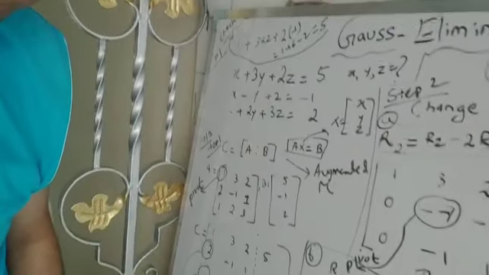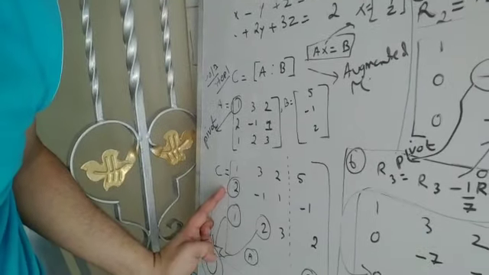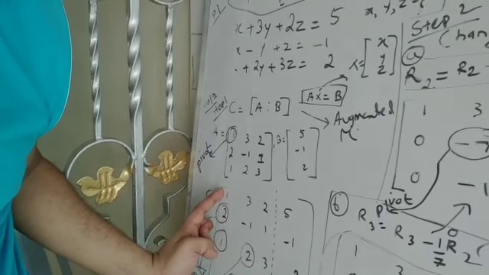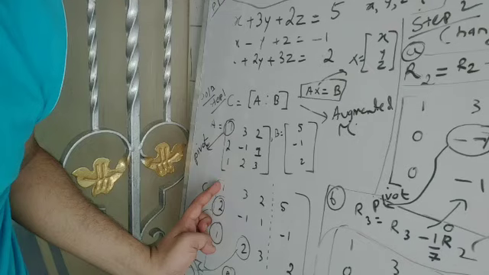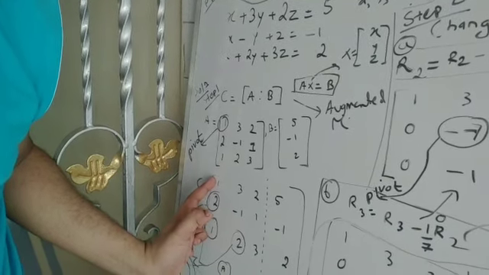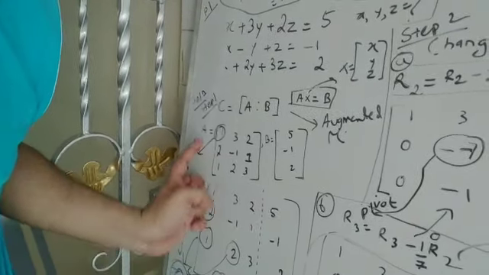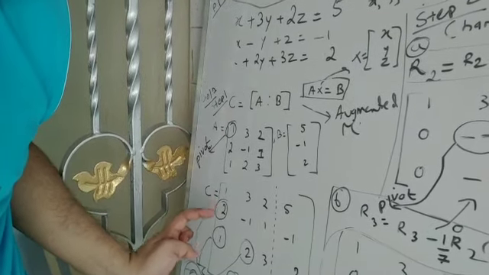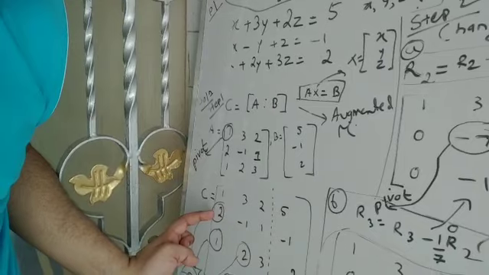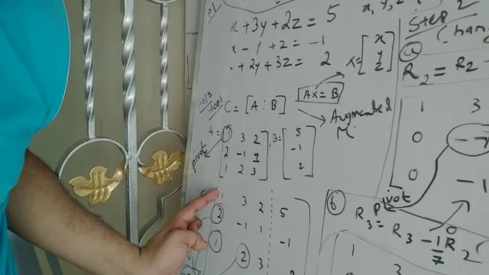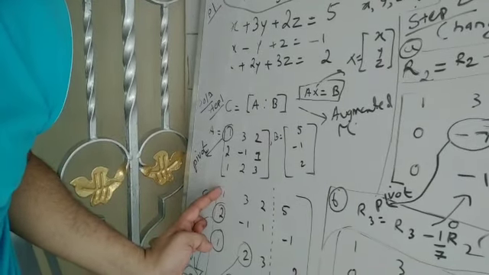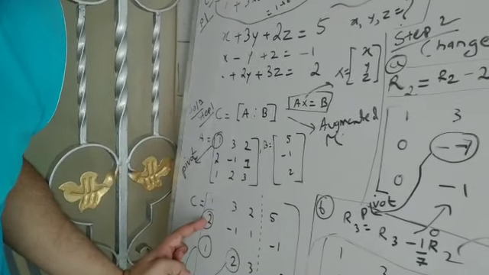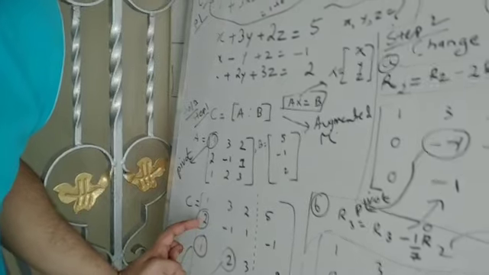So to make this one 0 first, you pick this row and think of it as a pivot, and take this element first as a pivot. If I want to make this 0, then 2 minus 1 into 2, that means 2. So 2 minus 2 is how much? 0.